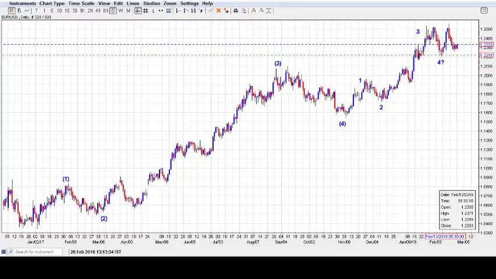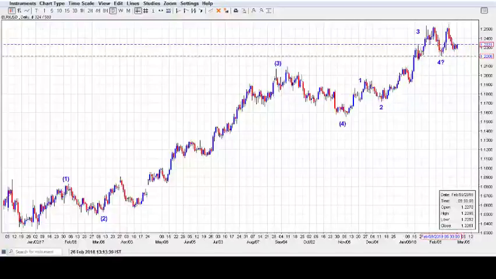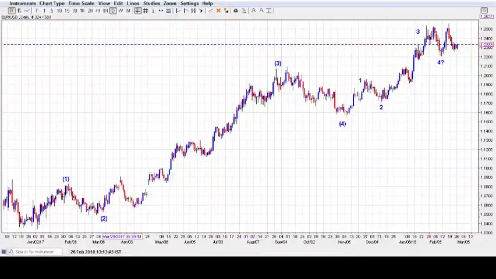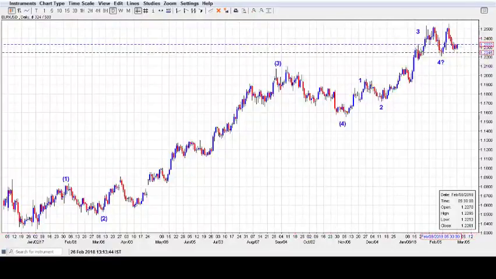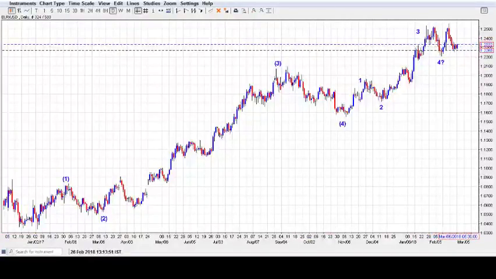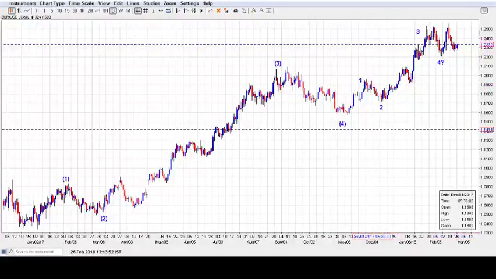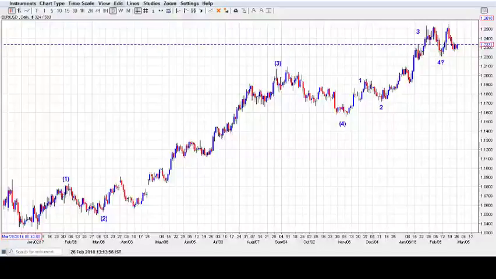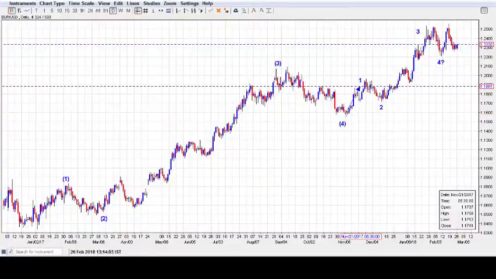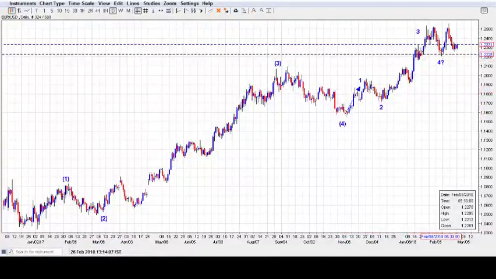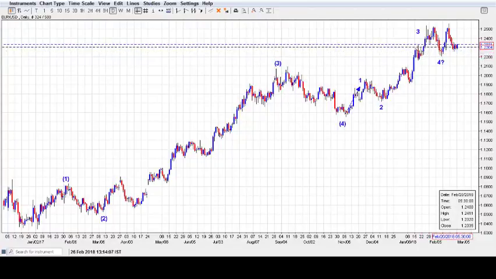Now if it is not a triangle and it's terminated already at 2200, that means the 5th wave is in progress right now. It remains to be seen if it is unfolding as a diagonal or a straight wave, but the distance traveled by the first leg here could be more probably equal to the 5th wave as well.